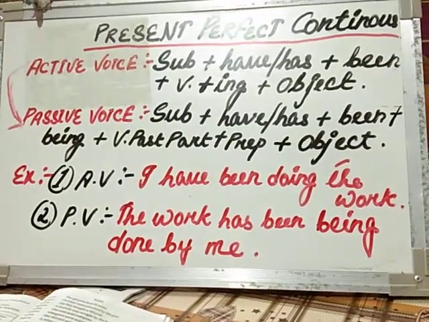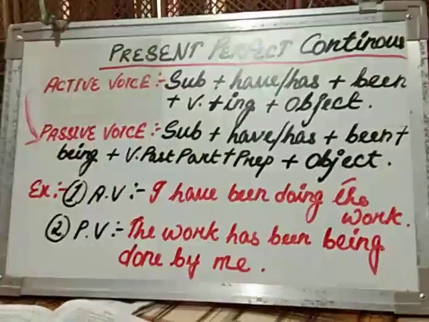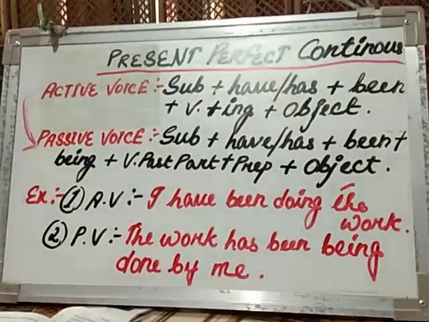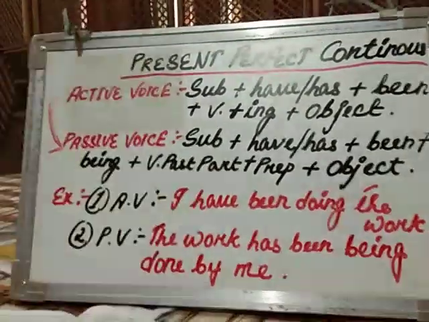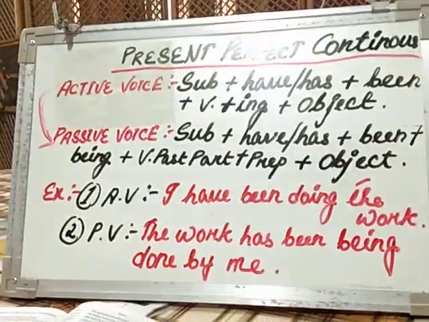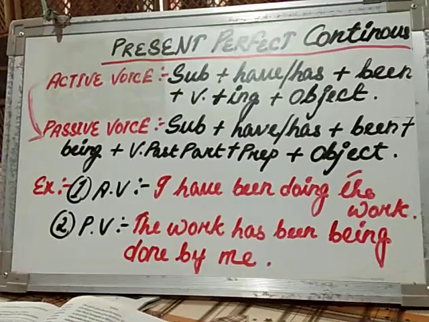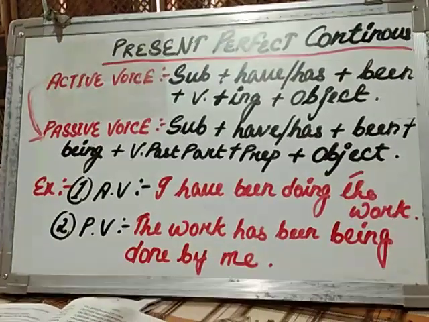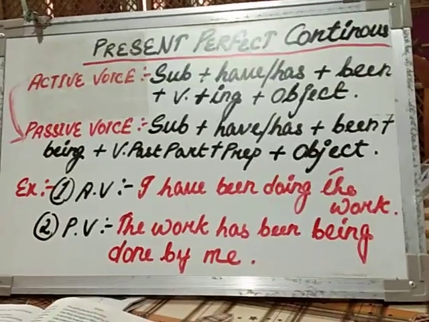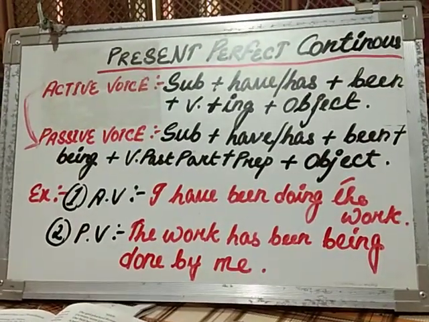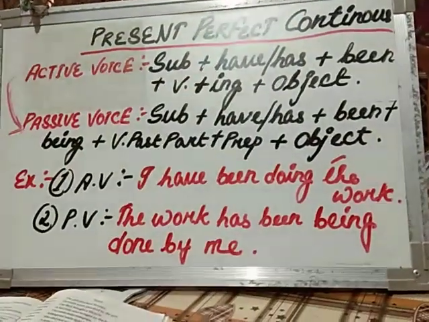Do you get what I am telling you? Again I am telling you a little bit nicely. When we change present perfect continuous tense, in active form: subject plus have or has plus been plus verb plus ing. Suppose it is do, then do is the verb. In this verb we are going to add ing, plus object. Got it?